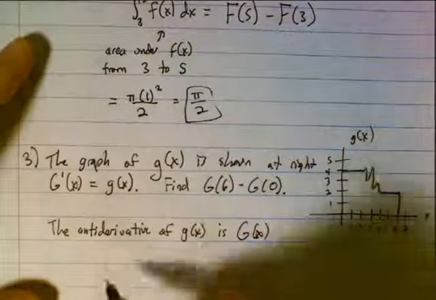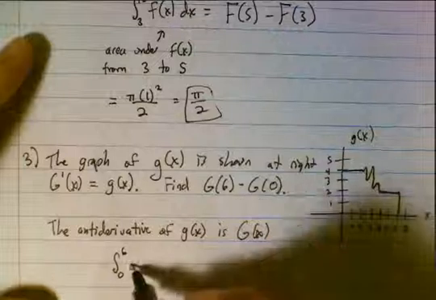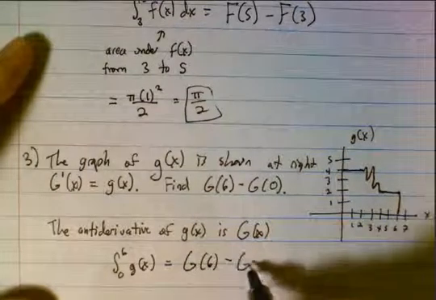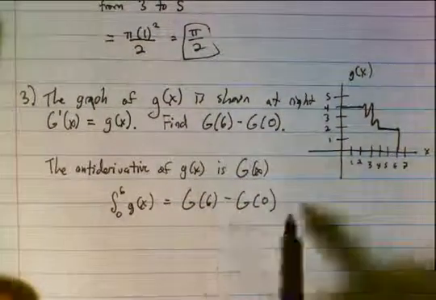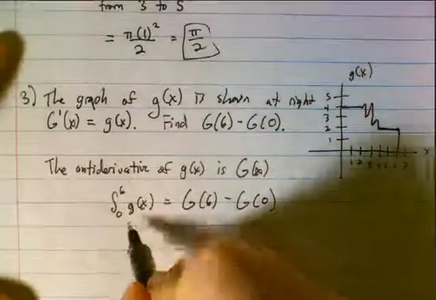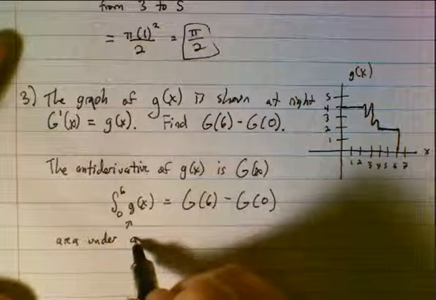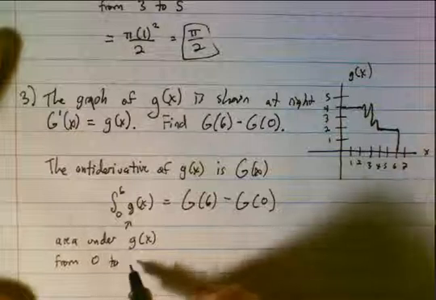That means we can write the fundamental theorem. 0 and 6 are the numbers we're dealing with. This is what we want to find right here. So we just have to figure out how to find the area under lowercase g of x from 0 to 6.